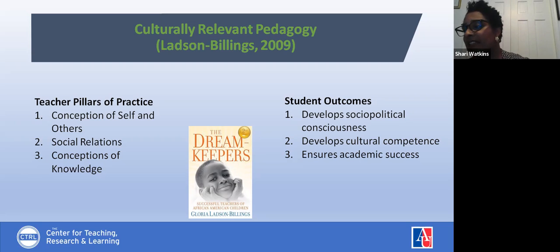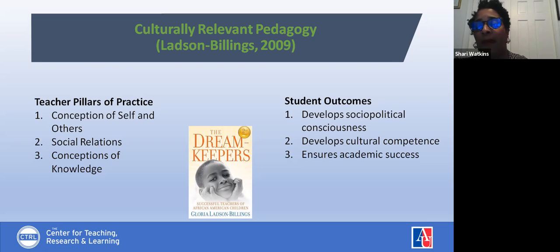Socio-political consciousness has to do with our obligation as faculty to help students to recognize, understand and critique the current and existing social inequities. It begins with us recognizing how issues of race, class, and gender manifest themselves, and thinking about how we can address these issues in our teaching.